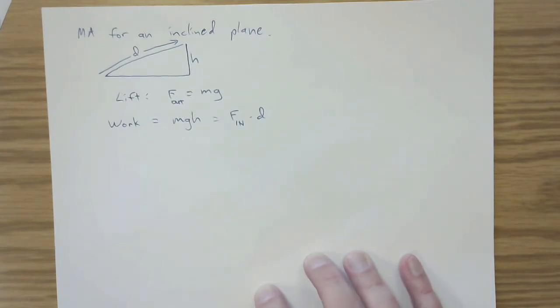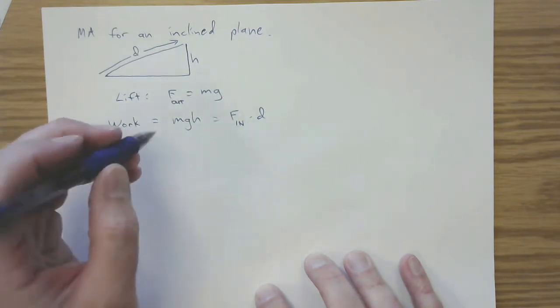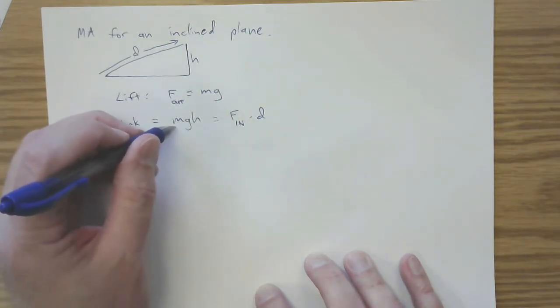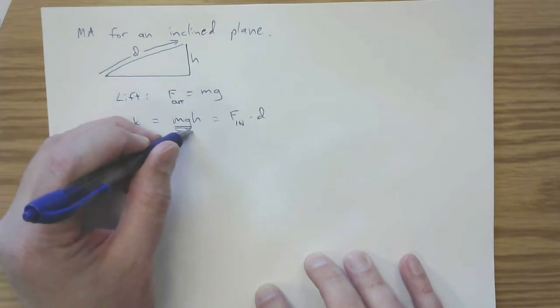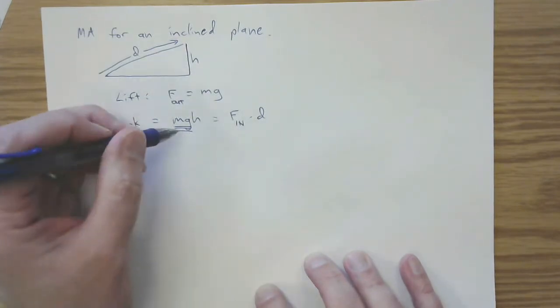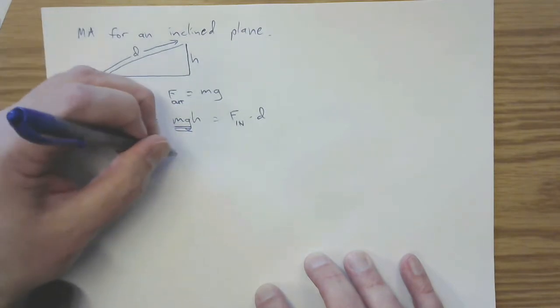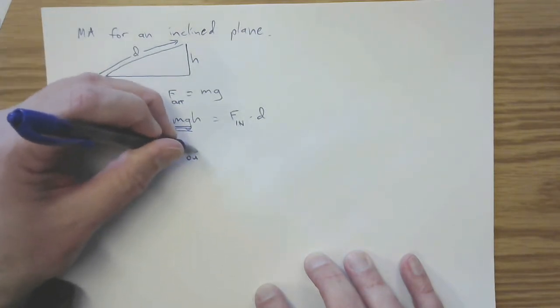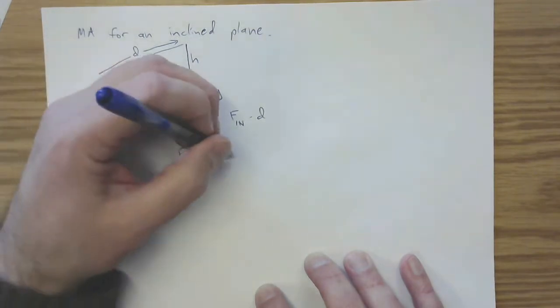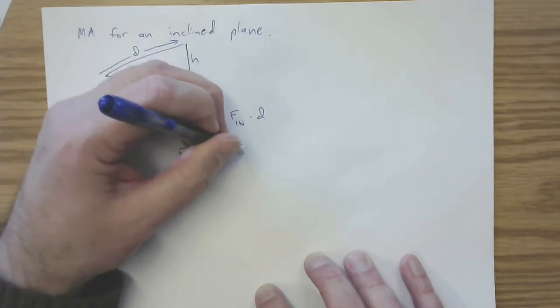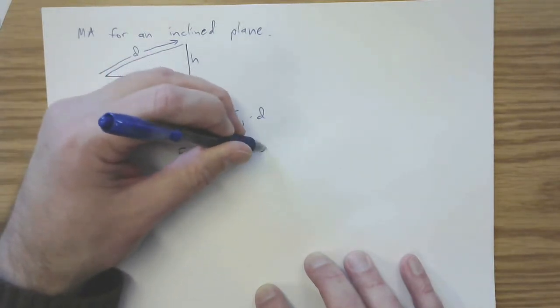I think this equation is pretty good. That's probably what we want. Let's note that we've got an mg right there, and we just wrote that mg is equal to F out. So let's go F out times h is equal to F in times d.